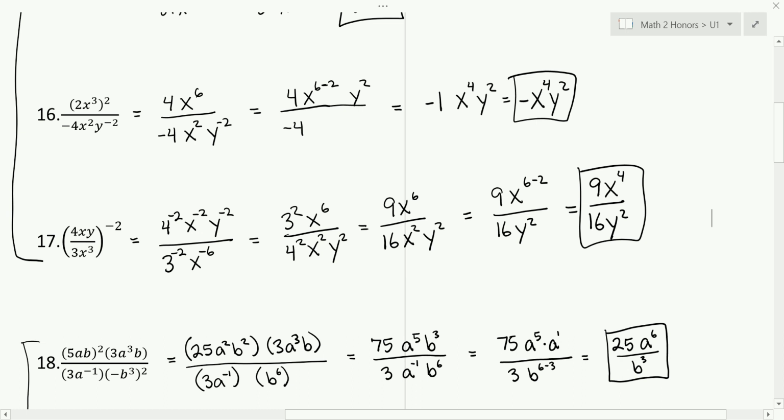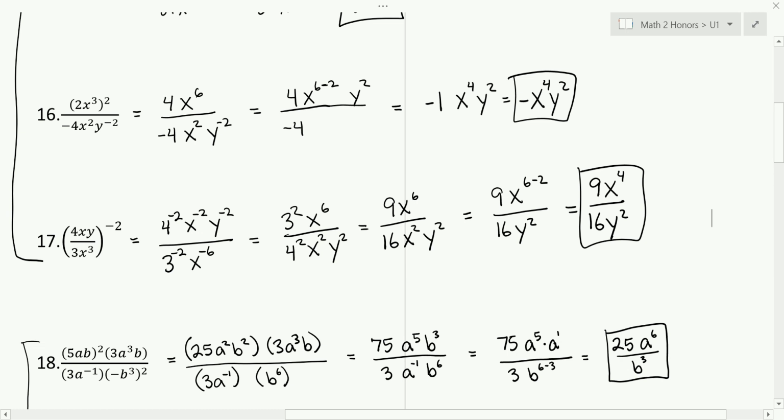After that, you have a little freedom. You can divide or you can multiply. One doesn't have to come before the other. Division and multiplication are kind of equals. I chose to multiply and then divide. So I did 25 times 3. Some of you may have canceled the 3's out. That's dividing, right? So I did that, and I did a squared times a cubed, gave me a to the 5th.